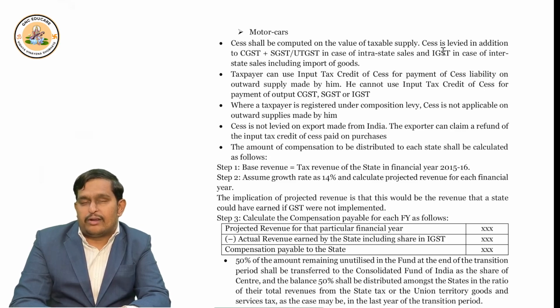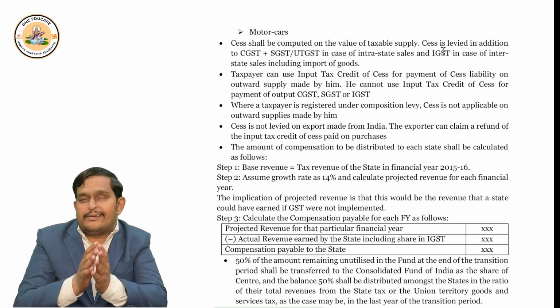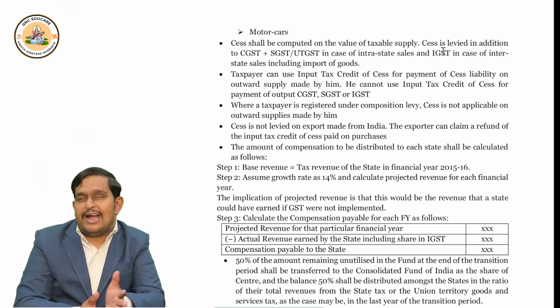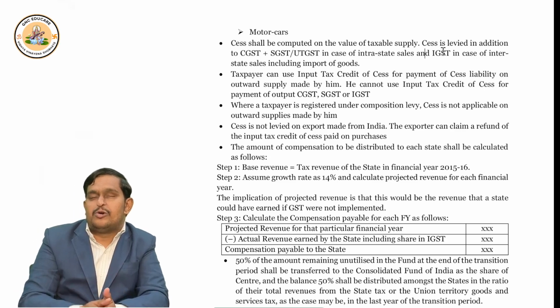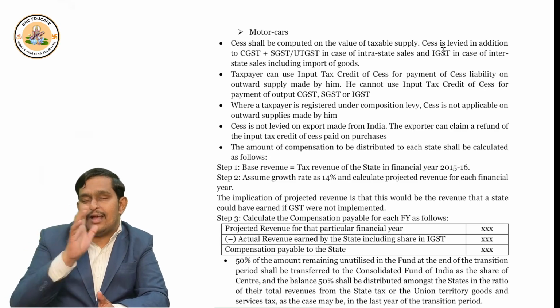If step 2 is more and this GST revenue is less, then the central government has to compensate. The central government has to pay to the states. Let us try to understand further. The central government has to pay the difference. But how will they pay? Whatever GST compensation cess is received, 50% of that will go to the Consolidated Fund of India.